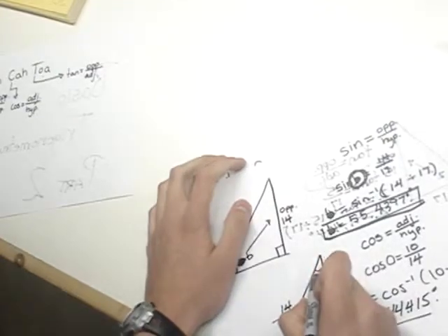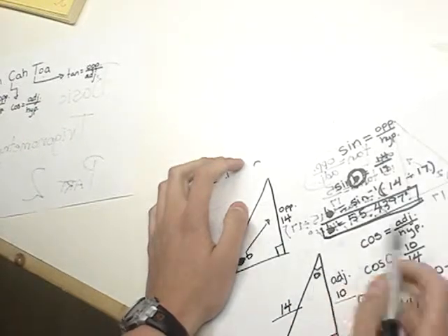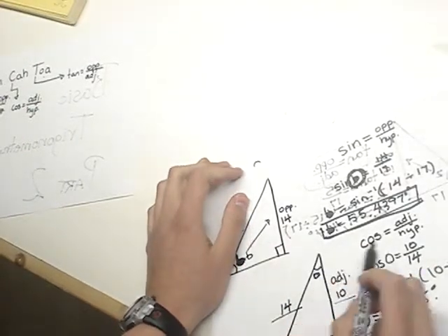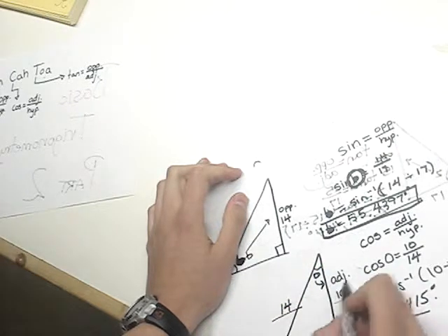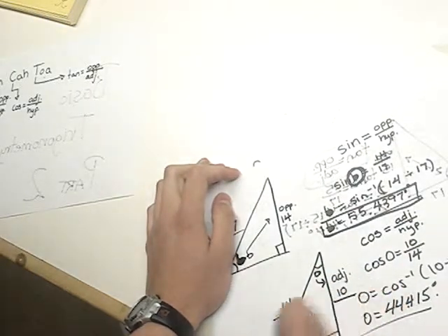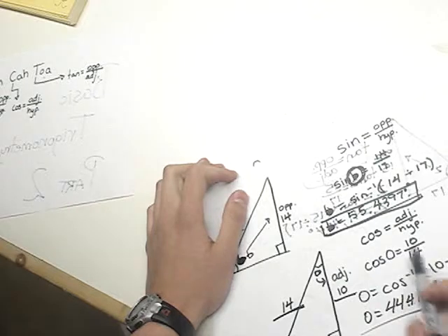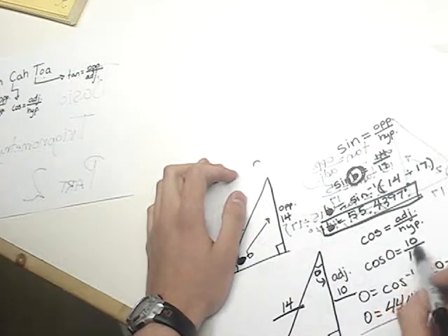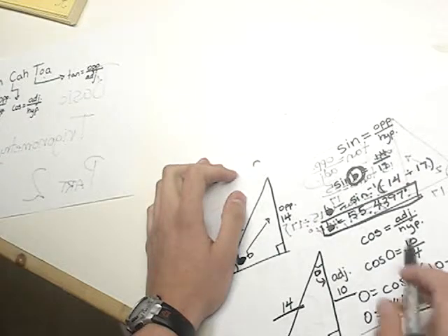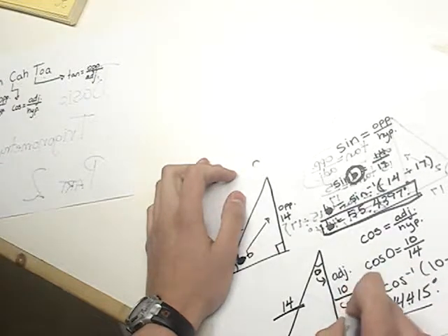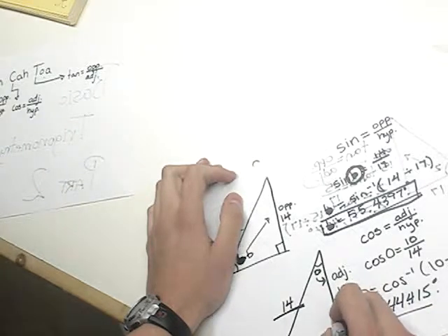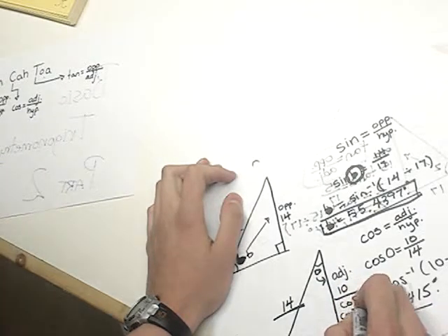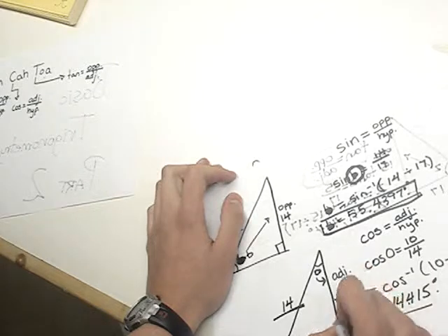So we're using this angle here, so angle O. Cosine is adjacent over hypotenuse, adjacent right next to. We gave it the value of 10, 14. So cosine of O equals 10 over 14. Once again, reverse cosine, both sides. So if you do reverse cosine, they cancel each other out.